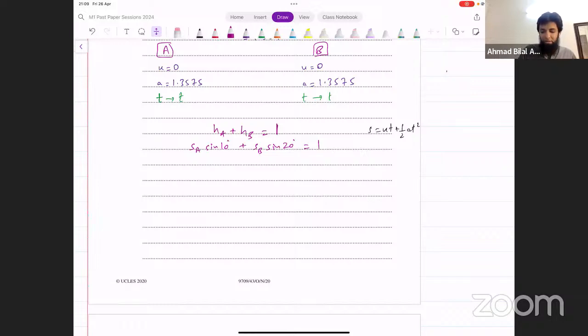If we use that on A, that gives us UT, which is 0 times T, plus half into A, which is 1.3575 into T squared, multiplied by sine of 10, plus SB, which is 0T plus 1 over 2 into A, which is 1.3575 for this as well, into T squared, into sine of 20.